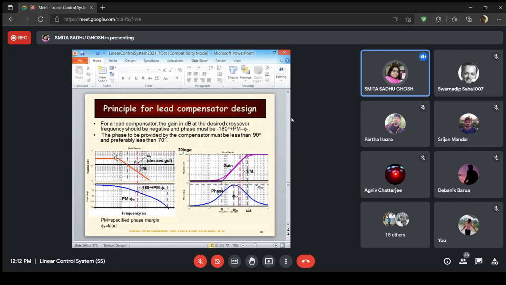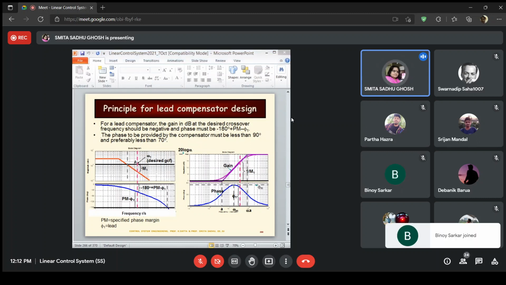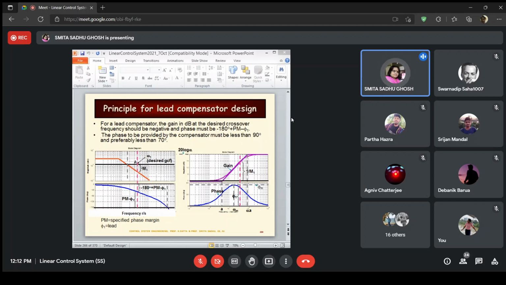Similarly, the phase plot is shown to be monotonically decreasing, meaning going more and more negative, right?